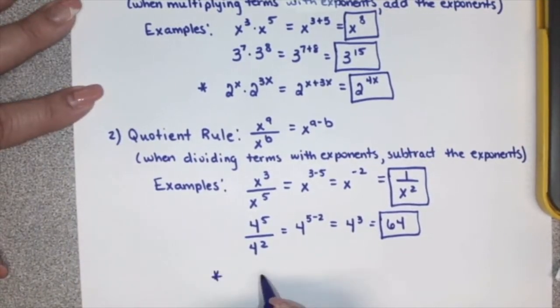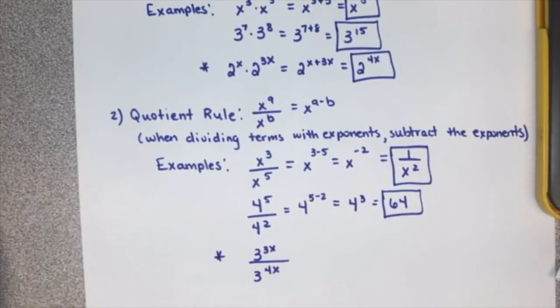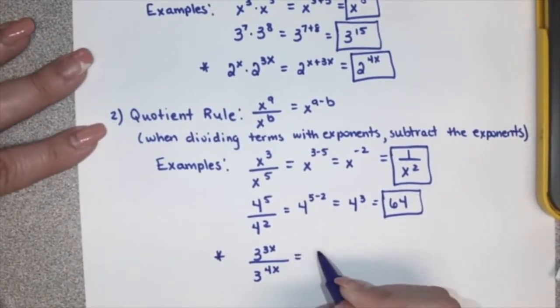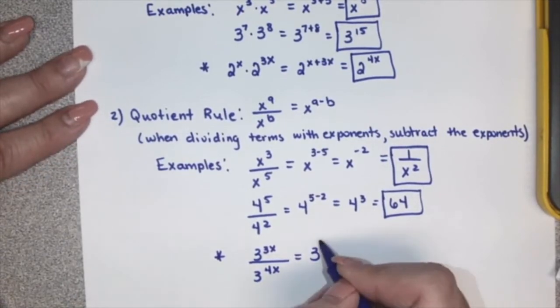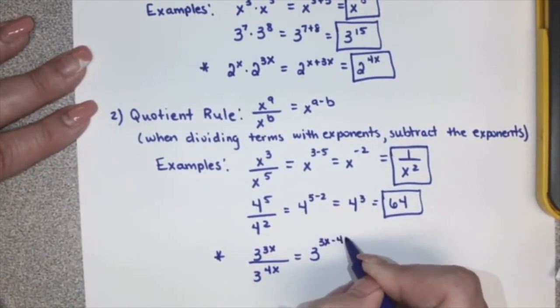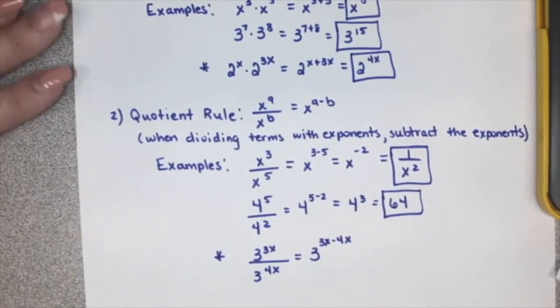But what I want us to be able to transition to is how do you solve weirder ones like this? Okay, so notice definitely still quotient rule, right? We're still dividing. The bases are still the same. So what am I going to do with those exponents just like I have been? The base is going to stay 3, and what am I going to do with the 3x and the 4x? Subtract them, right? Notice it's always top minus bottom.